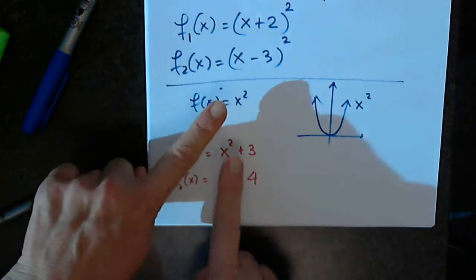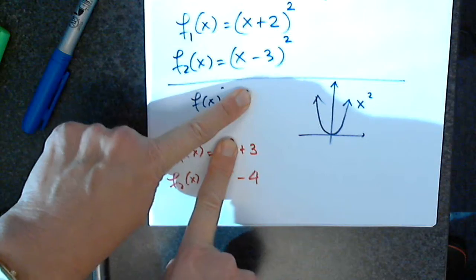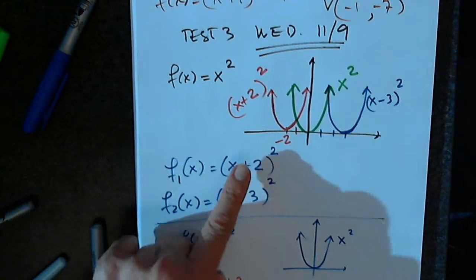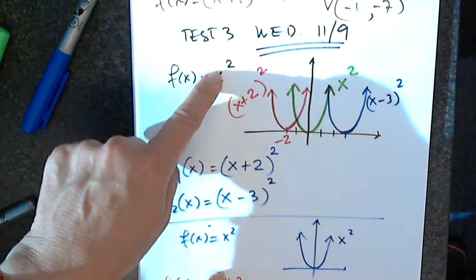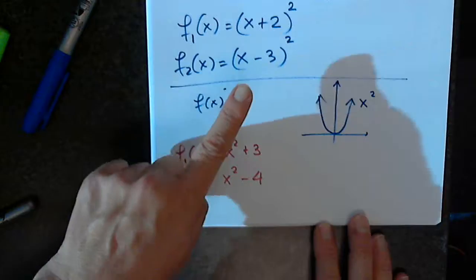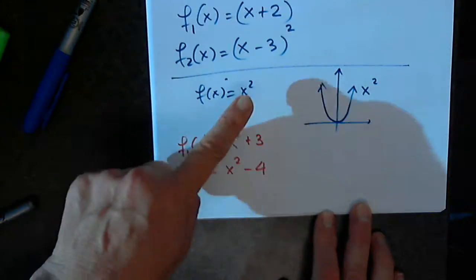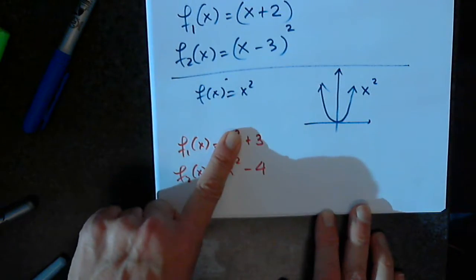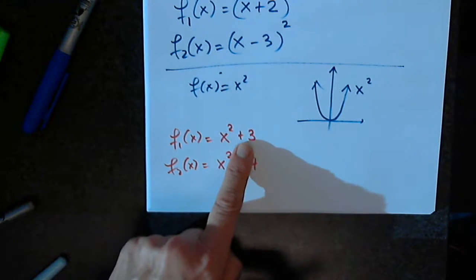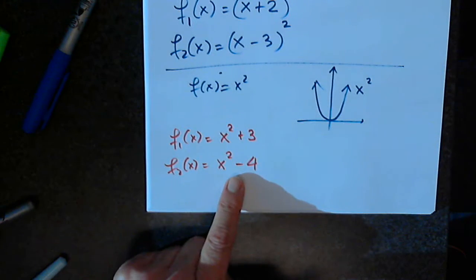Exactly. Notice that the x value doesn't change. Here, I had x inside, and it changed to x plus 2, so that's a shift in x. Here, I have x squared and x squared. X does not change. Something else changes. Y. So this is up 3, and this is down 4.